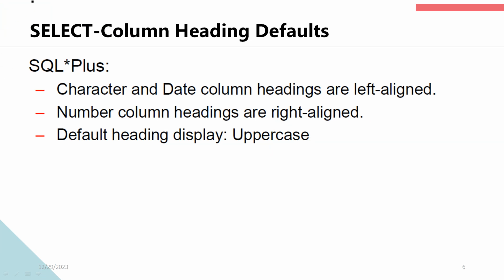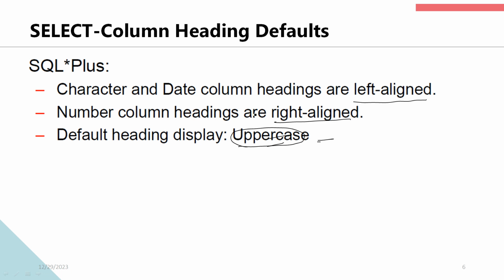On the screen, we can see that there are three data types: character, date, and number columns. In the output, to understand the data type of the data we are using, the character and date column headings would be left aligned, numerical columns would be right aligned, and the heading will always be in uppercase.